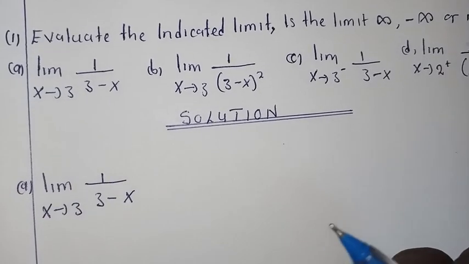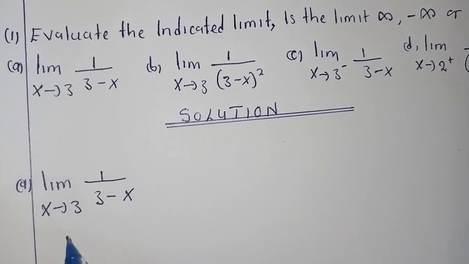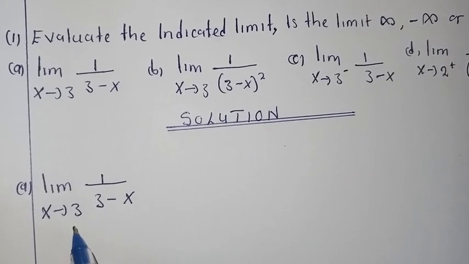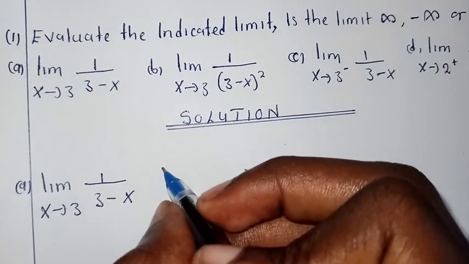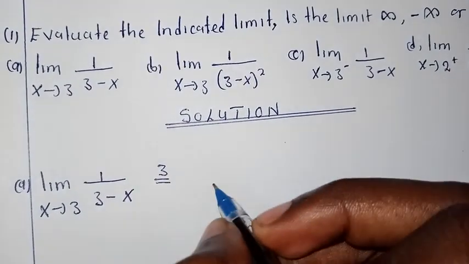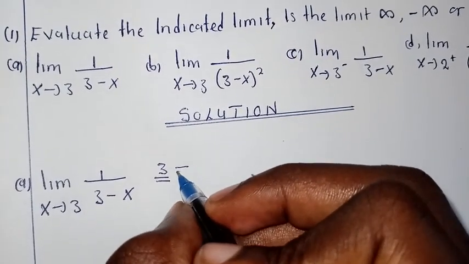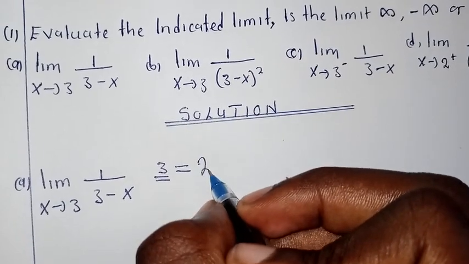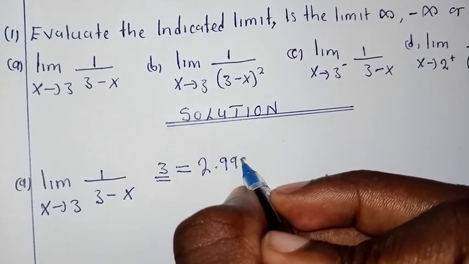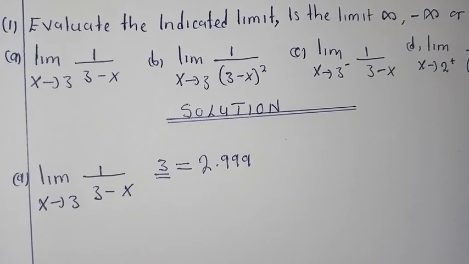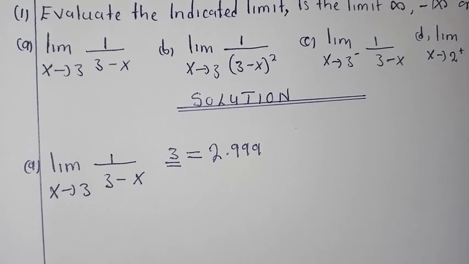So what we're going to do, we are going to get a number that is nearer to 3. So we know that if we have 3 as a whole number, then the number which is nearer to 3 is simply 2.999. Okay? We know that if we round off this figure, then of course we have a 3.